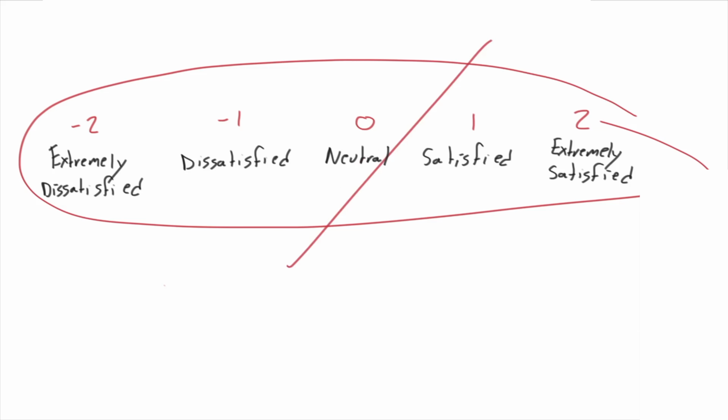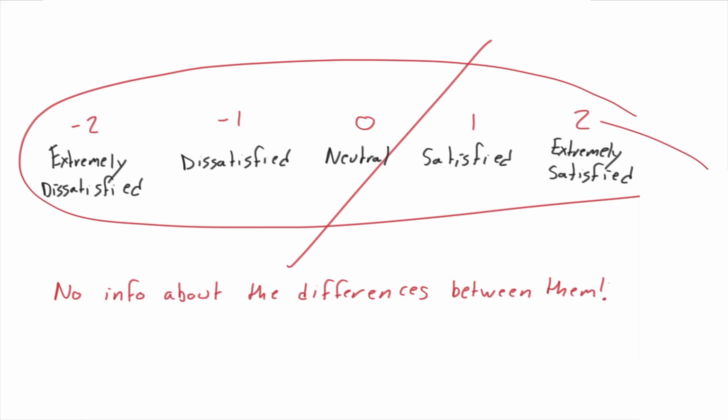You've got to be careful about this. Just because there's an order, it doesn't mean we have any more information about the differences between them. We don't know that the difference between extremely satisfied and satisfied is exactly the same thing between satisfied and neutral. There's nothing inherent about that order that implies the additional structure, so we want to make sure we keep it a qualitative variable only in a case like that.